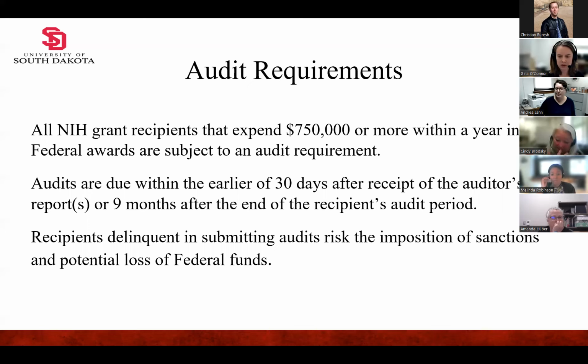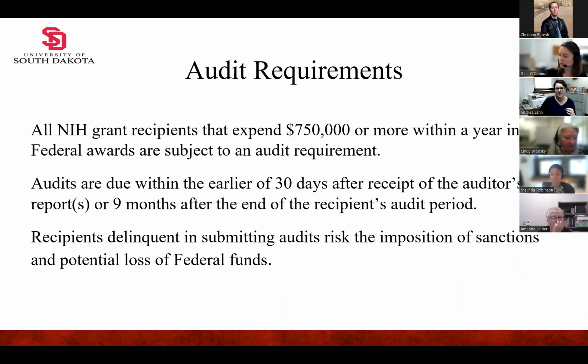So audit requirements. All NIH grant recipients that expend more than $750,000 in a year in federal awards are subject to an audit requirement. Of course, we fall into that category, and since we are an Institute of Higher Education, which is part of the South Dakota Board of Regents, we fall under an overarching single audit report that is done by the state.